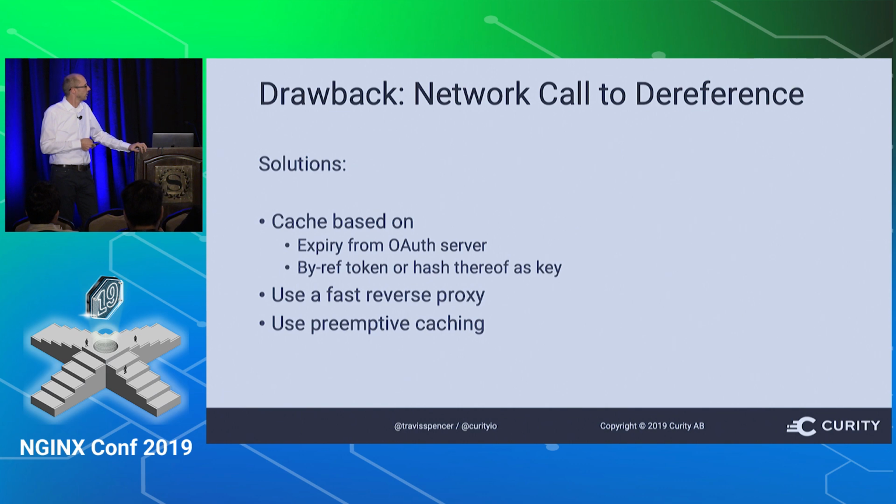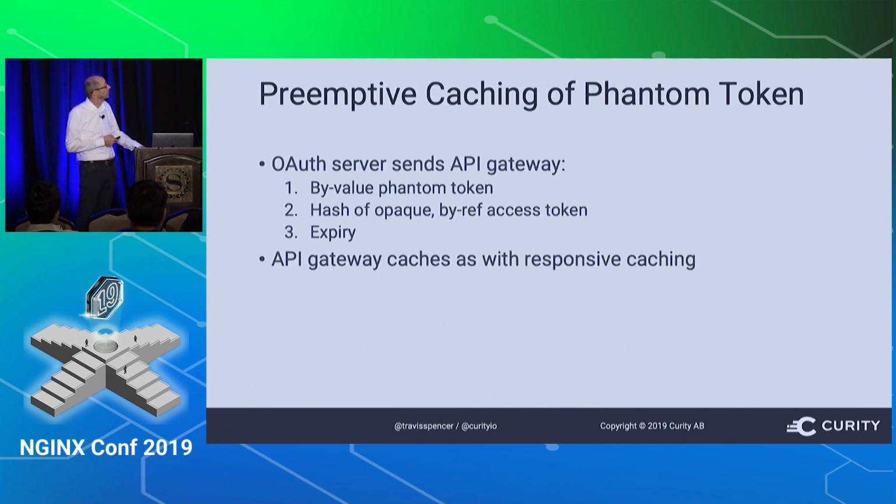And then we can also use preemptive caching. So what do I mean by preemptive caching? What I mean is that the OAuth server can send to NGINX or the API gateway the by-value phantom token ahead of time, along with a hash of the opaque by-reference access token and the expiry. So now it can put these three things together and save it in the cache, so that later when it sees the by-reference token coming in, it can hash it again, find it using the hashed cache key associated with the phantom token, and then forward it.